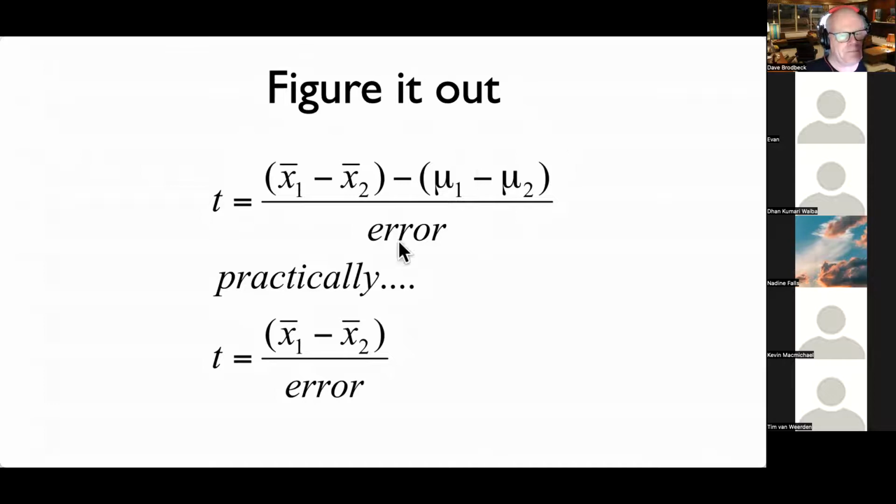Now, so practically it becomes x bar sub 1 minus x bar sub 2. Because again, as we had with the repeated measures t-test, this is 0. The null hypothesis is never group 1 minus group 2 equals 7.